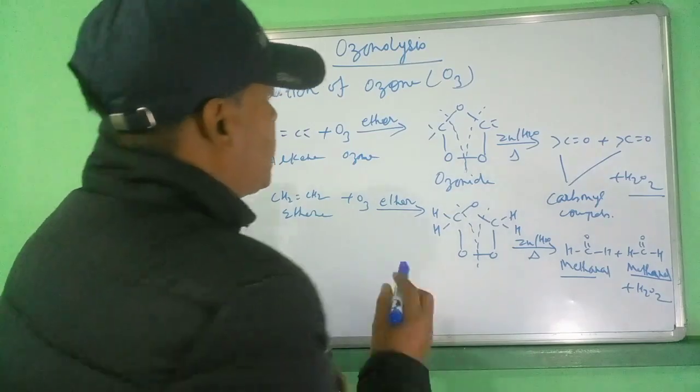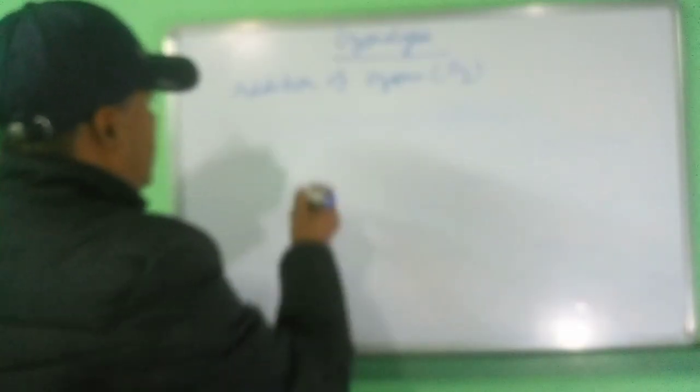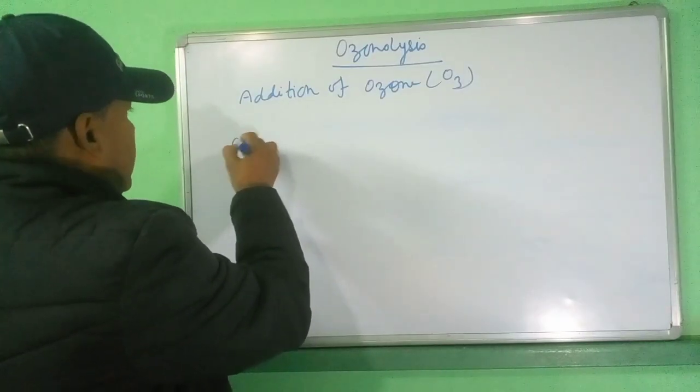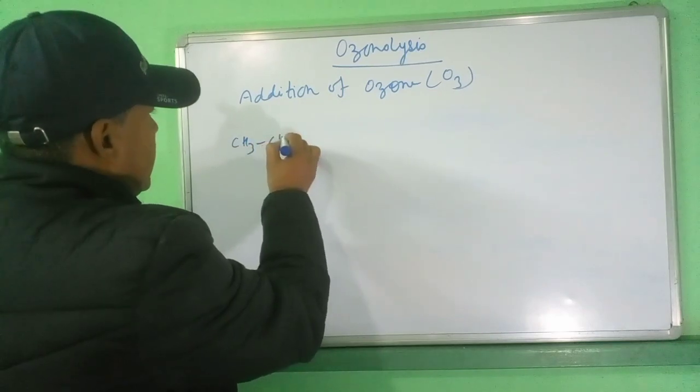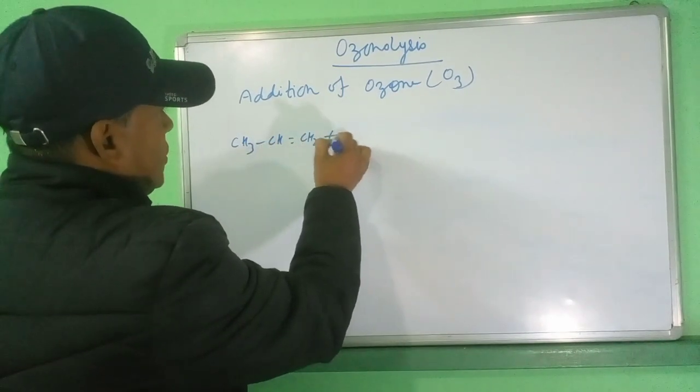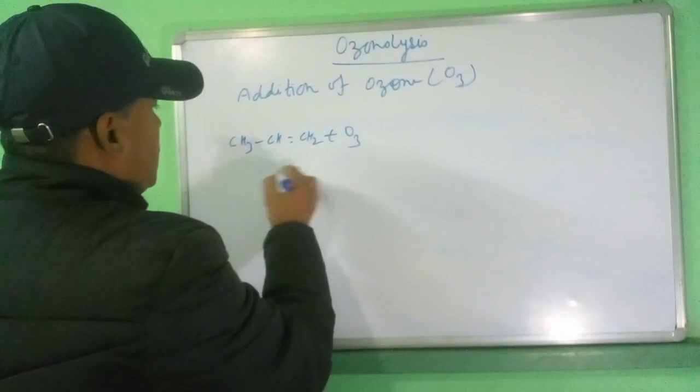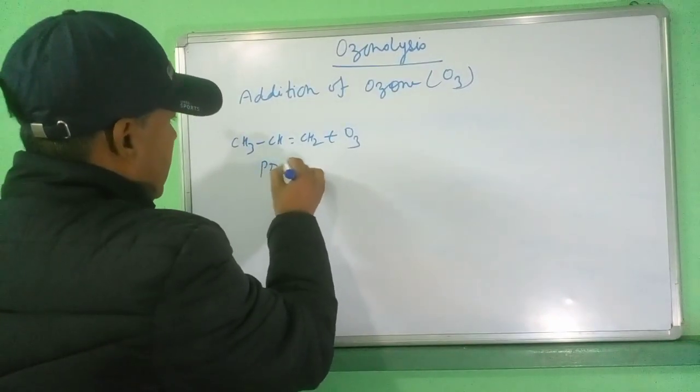Now in the next example, if the alkene is propene, CH3CH double bond CH2, then ozone.